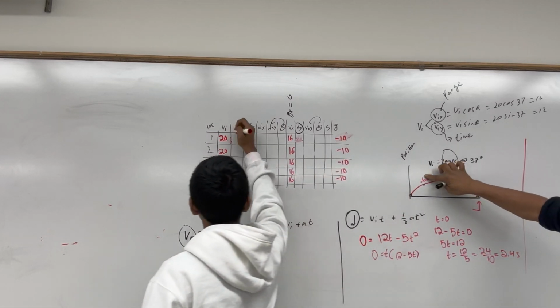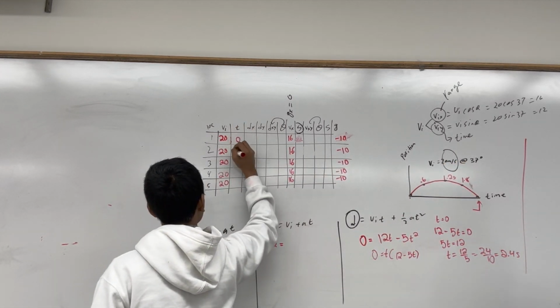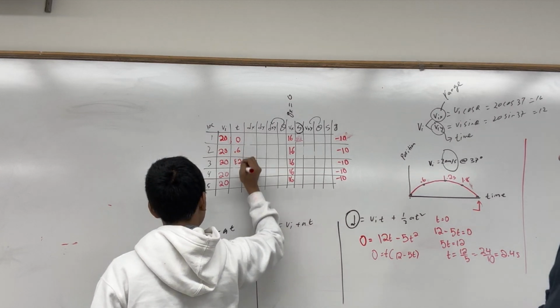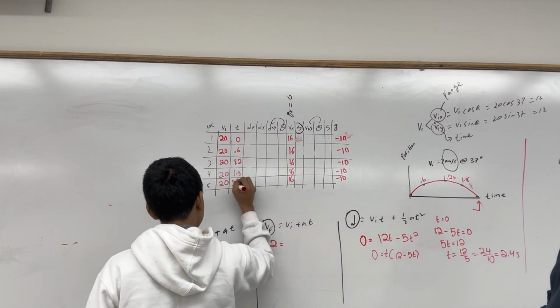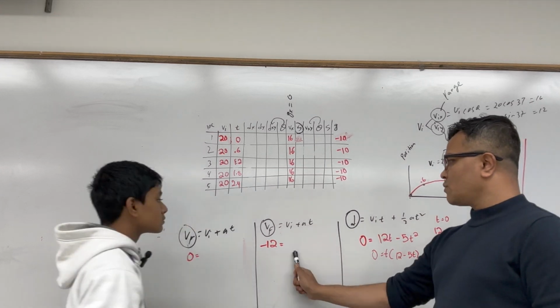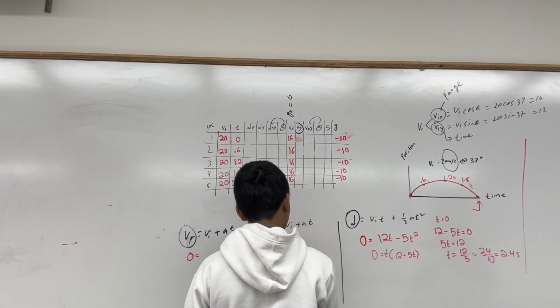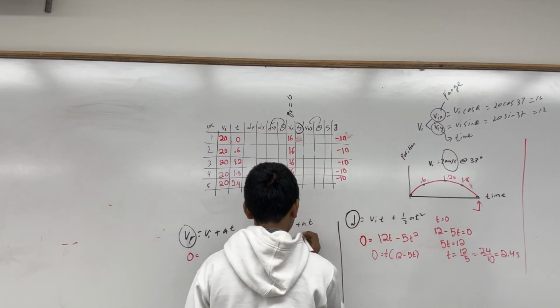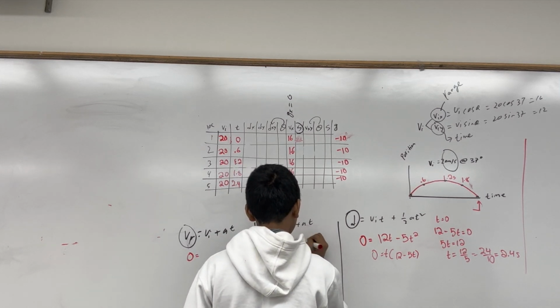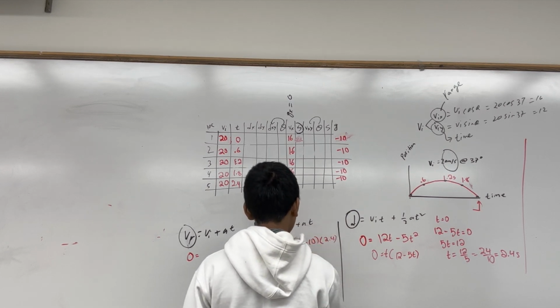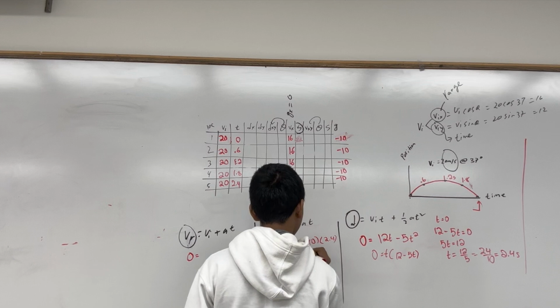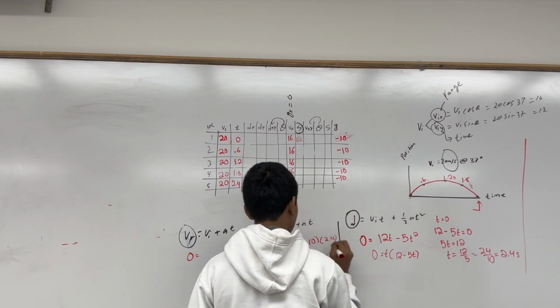So now we can just write this down over here. Just to confirm that we get 2.4 here and 1.2 here. Okay, well, we get Vi, which is 12, plus a, which is minus 10, times t, which is 2.4. So minus 12 is equal to 12 minus 24, which works out.